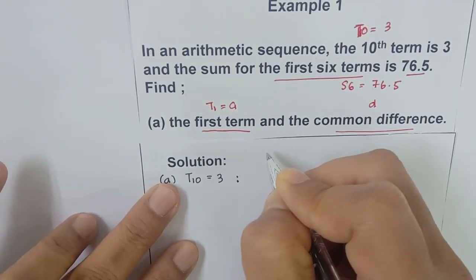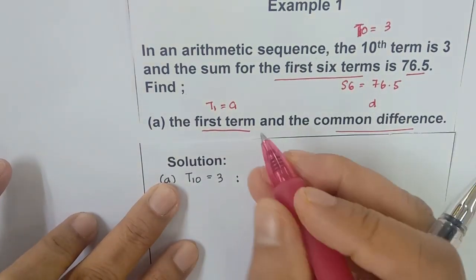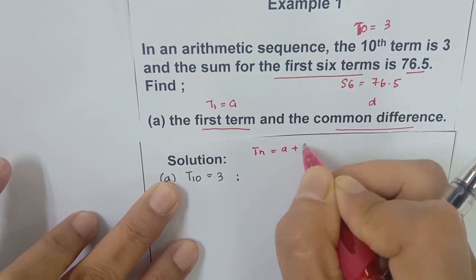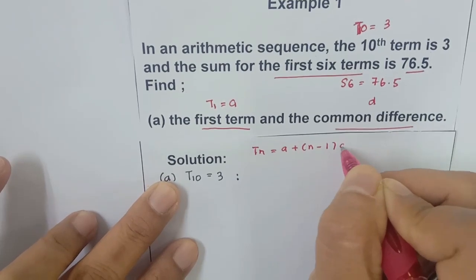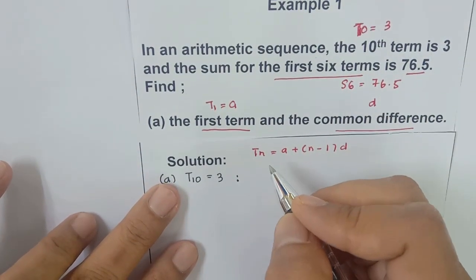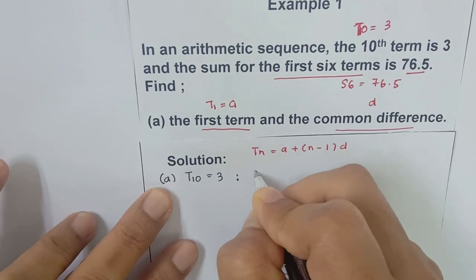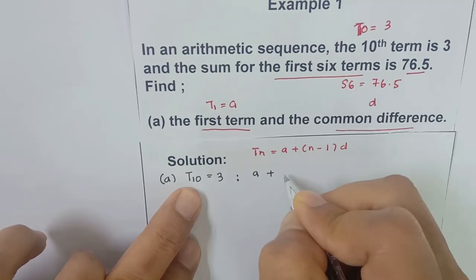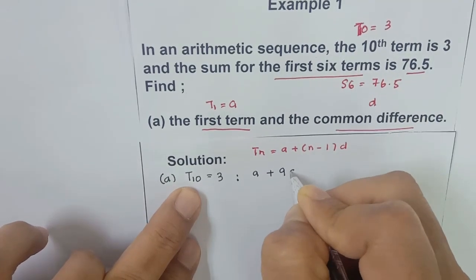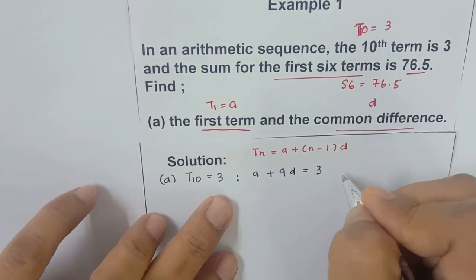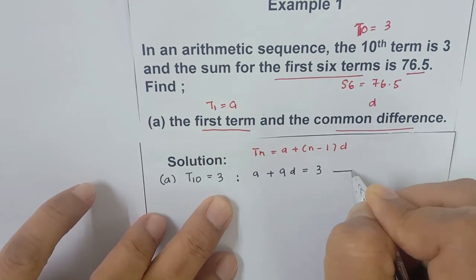What is the Tn formula? It is a plus n minus 1 times d. So substitute into the Tn formula: a plus, for T10, 10 minus 1, 9d equal to 3. We let this be the first equation.